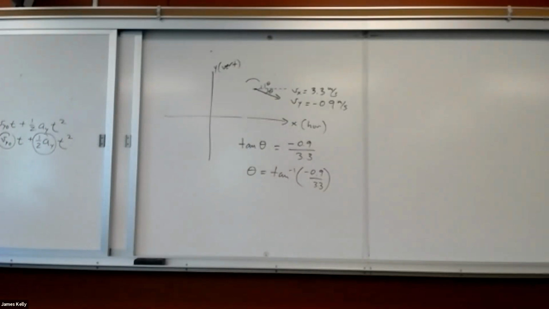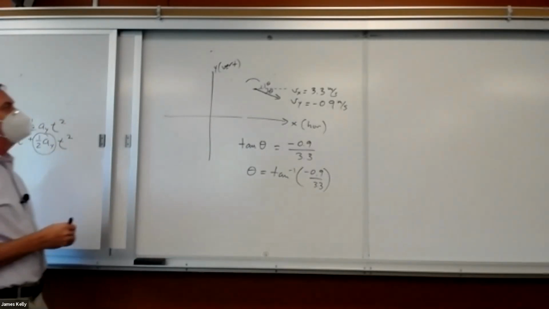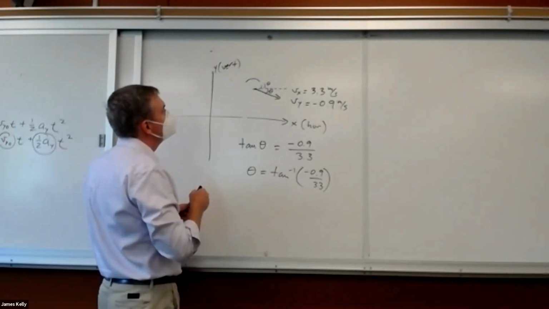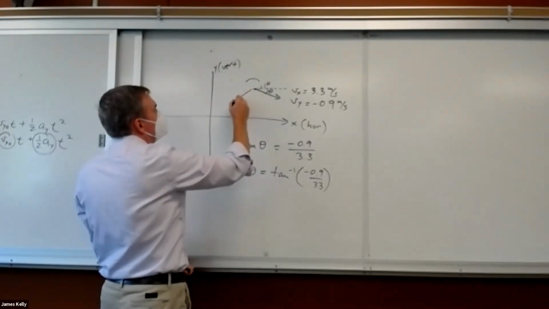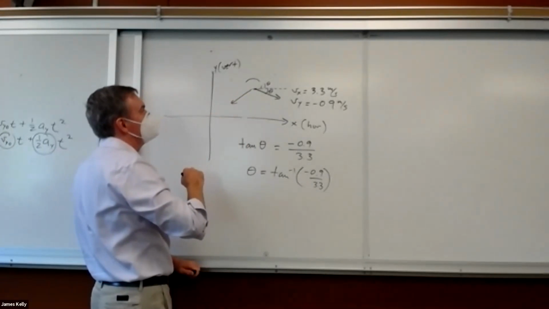And so in this case, the output of that inverse tangent is going to give me a small negative angle. I just made these numbers up, but if it were pointing over in the other case, and that would be one of the most difficult cases, right?